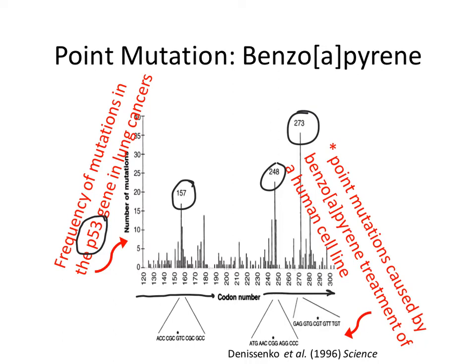Maybe it has something to do with where the nucleosomes are positioned in these genes, in these lung cancer patients. And is that because it occurs more at certain codons than others? So what's probably true about mutations at these specific codons, at these particular amino acids in the p53 protein?